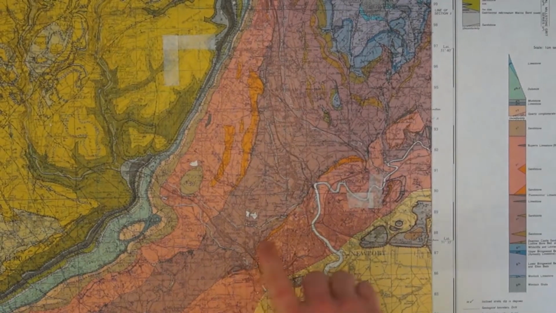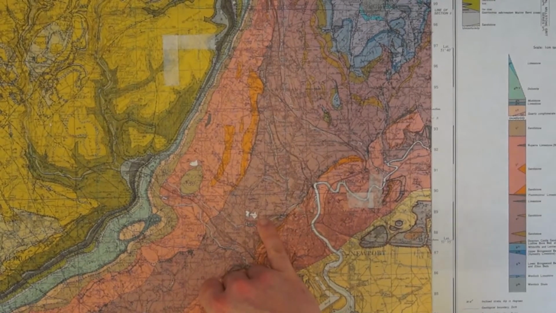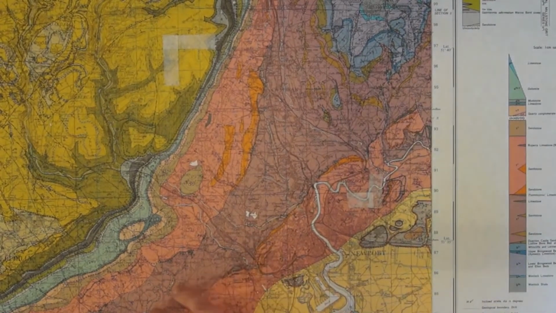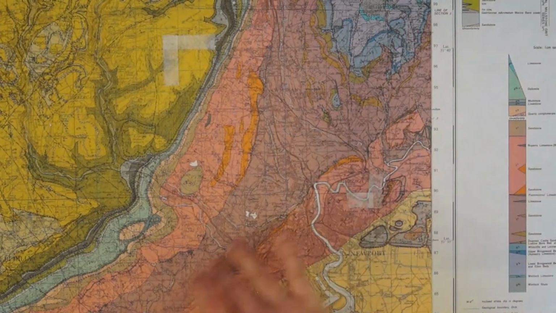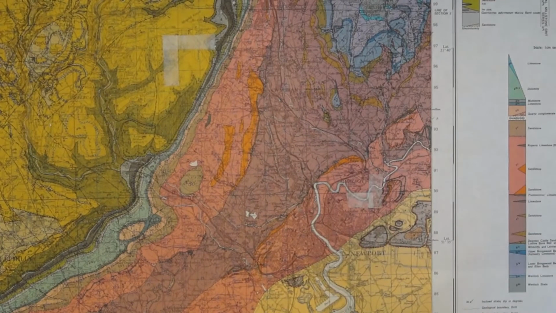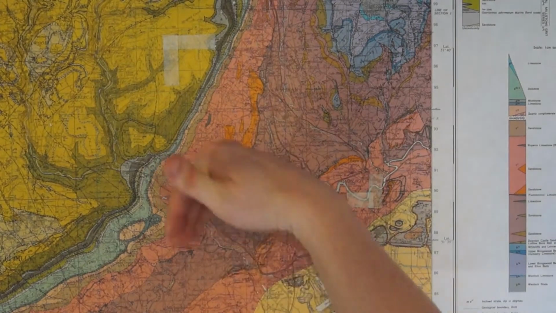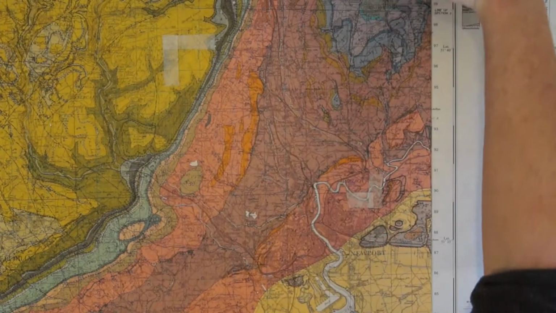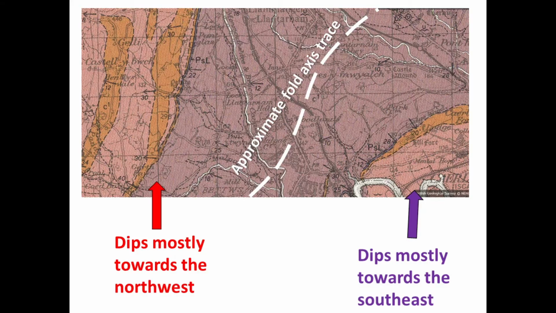Now if you look closely at the map, you should see that there are dips within these rocks, where in general on this side of our line of symmetry they're dipping towards the southeast in this direction. And then on the western side of that line of symmetry, the rocks are dipping towards the northwest.